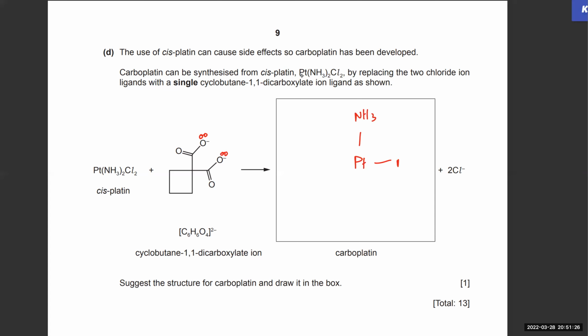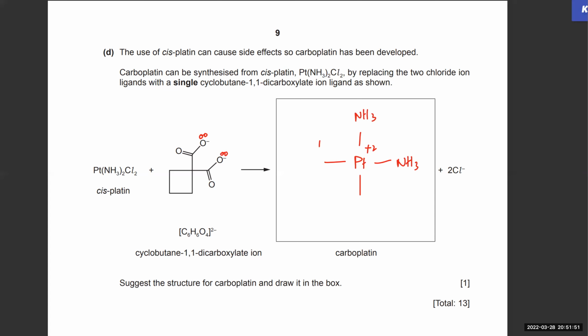Cis means that the two NH3s are together, it's a square planar complex. And here's your Cl and here's your other Cl. This is actually +2, this is -1, this is -1. So he has clearly stated that it replaces two of the chloride ions. Two of these are going to get replaced. So they're going to get replaced by what?